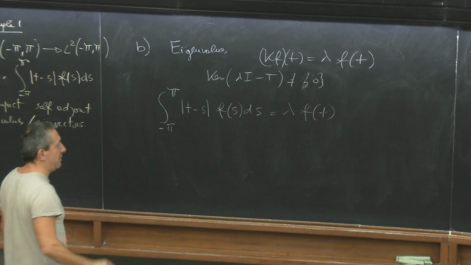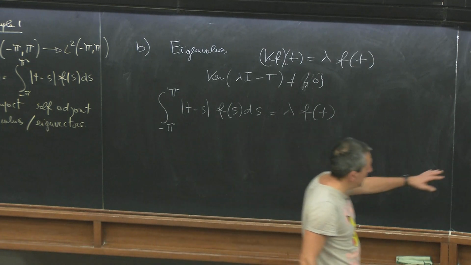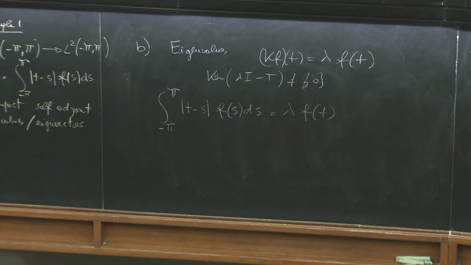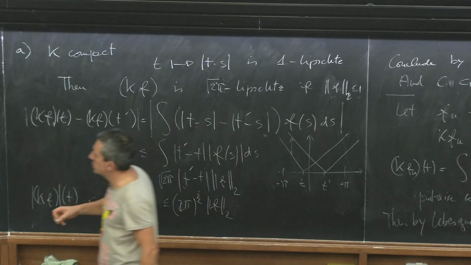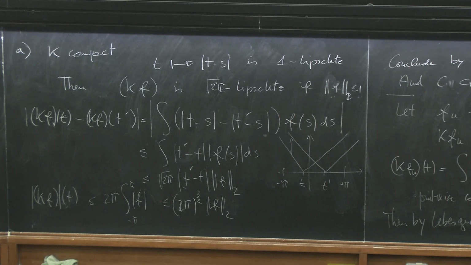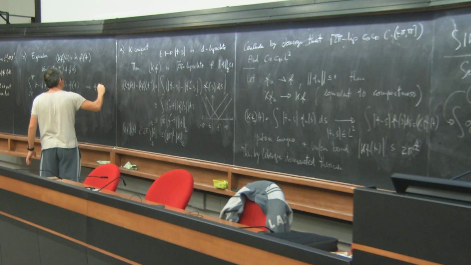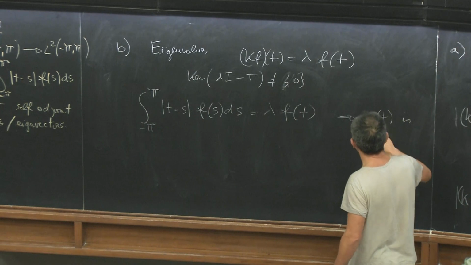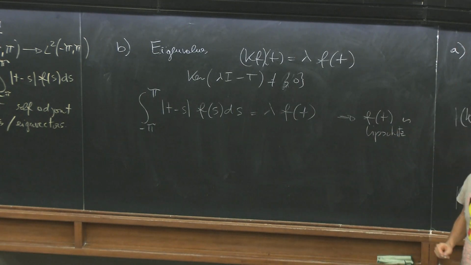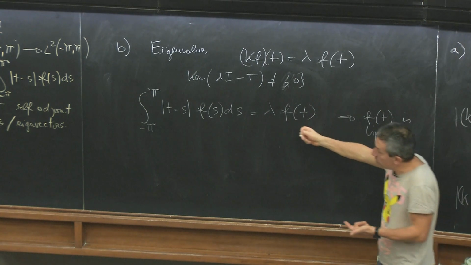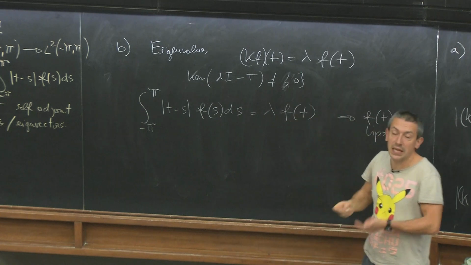So now what I observe, I come back to the thing here, and I see that this integral is Lipschitz. So I deduce f(t) is Lipschitz, because it is the image of this, which has been estimated to be a Lipschitz function.